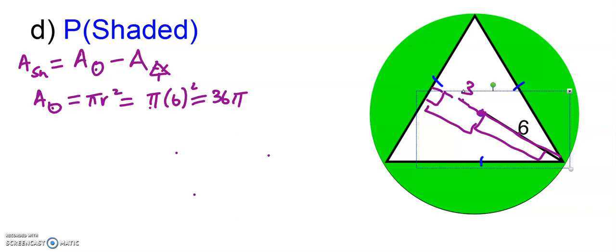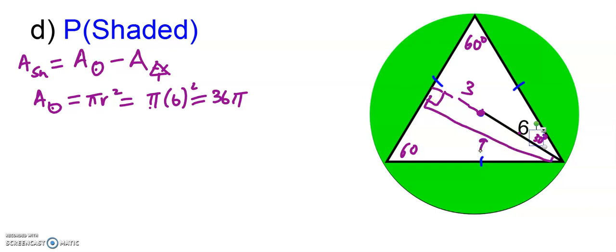Now, I also know that this altitude will take this 60 degree, 60 degree, and 60 degree equilateral triangle, and it'll split it into a 30, 60, and 90 triangle. So I now know that I have a medium side of this triangle having a length of 9, and I need the length of this short side right here.